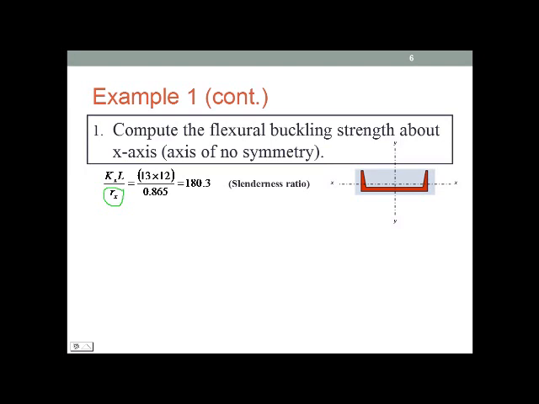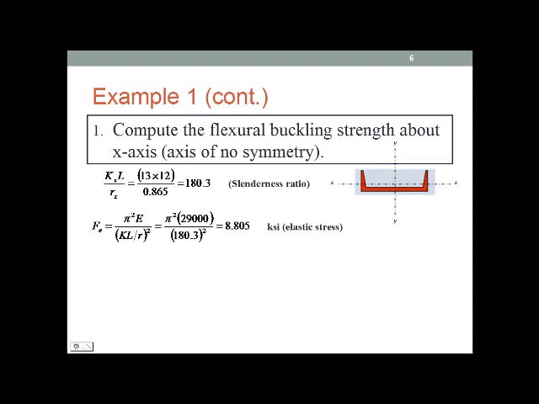KL is the effective length and it's given. Notice that the effective length, 13 feet, has been multiplied by 12 to convert feet to inches. Now we have a slenderness ratio of 180.3.